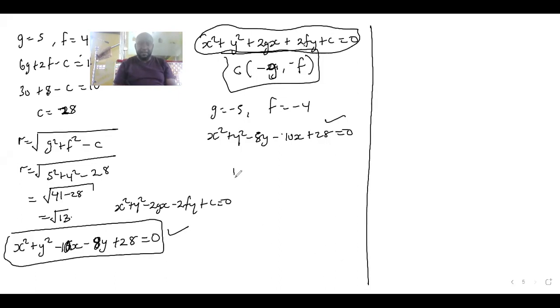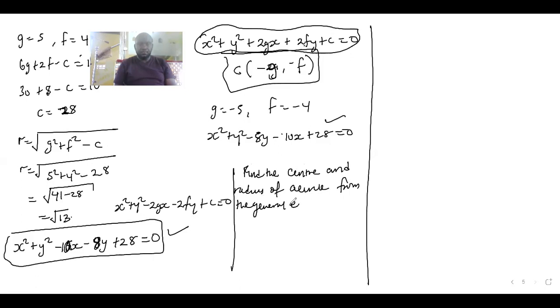They can ask you to find the center and radius of a circle from the general equation. They can ask you that we want you to find the center, and we also want you to find the radius from a given equation.